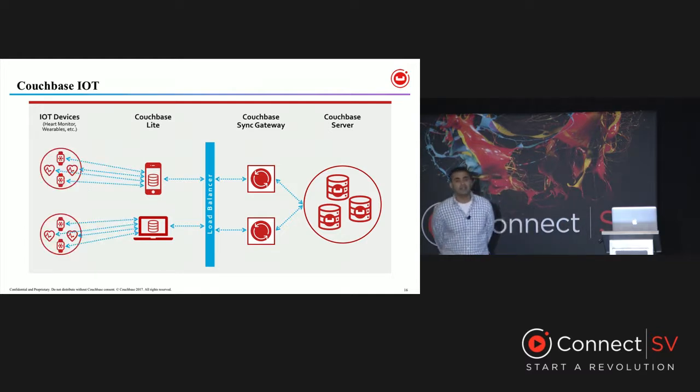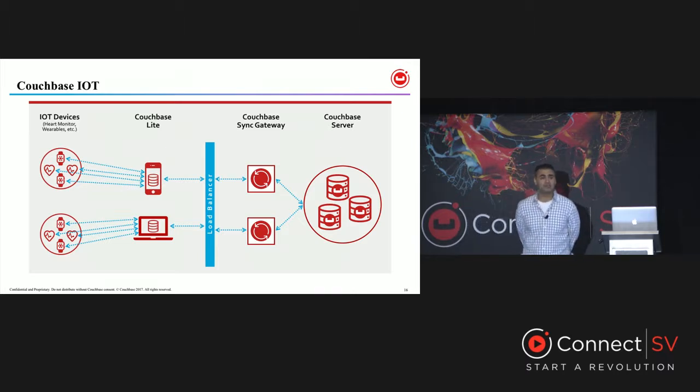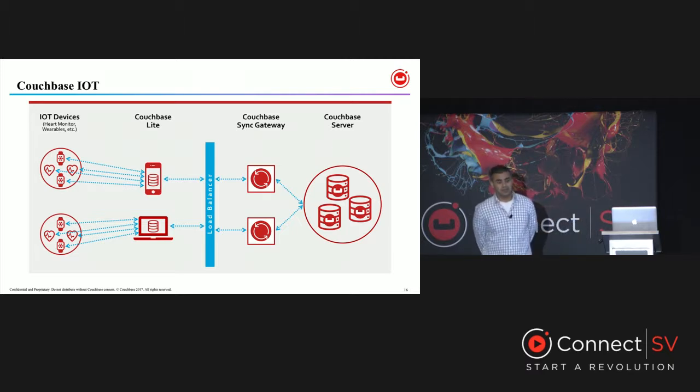What we're seeing, if you were at the Connect keynote demo, you would have seen, a whole bunch of IoT sensors show up, and those IoT sensors are communicating with Couchbase Lite, in some cases over NFC, in other cases over Bluetooth, in some cases over a direct TCP connection as well. So there is a level of abstraction coming in, and that's how IoT fits into this whole scheme of things.